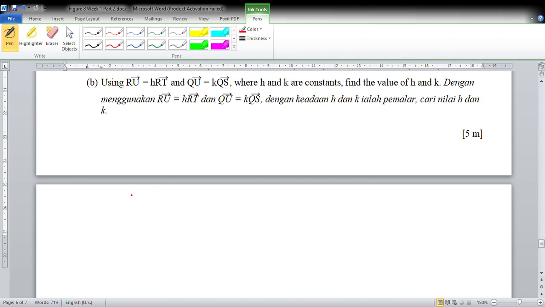So RU is equals to HRT from part A. Your RT is negative 10 over 3x plus 2 over 3y. So we can rewrite it this way.